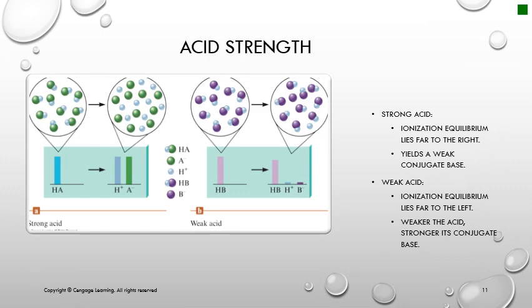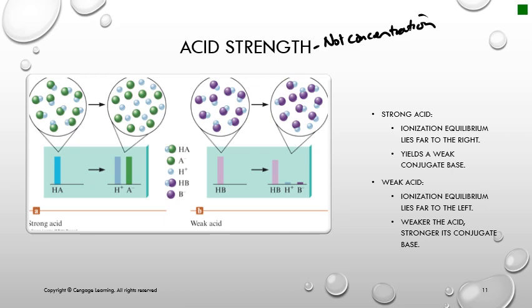Next, we are going to discuss acid strength. Please do not confuse acid strength with concentration. I can have a strong acid that has only 1 times 10 to the minus 5th moles in it, but it would still be classified as a strong acid. And I could have a weak acid with a concentration of 20 molar, and it would still be considered a weak acid.